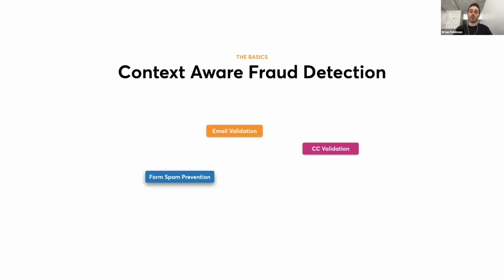So one thing I do want to talk about is context-aware fraud detection, or context-aware security. This concept refers to the specific point in an application where a particular type of attack or fraud is being attempted.